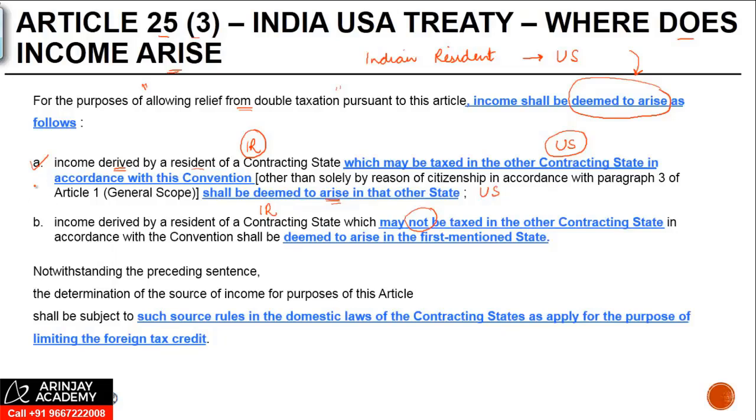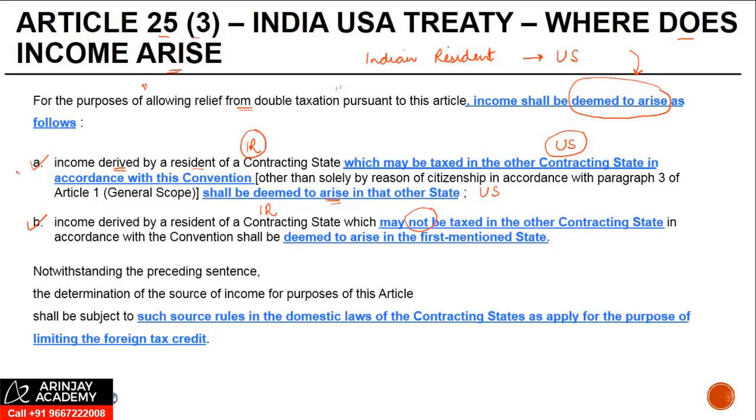So these two provisions are very simple. If an income may be taxed in the US, it shall be deemed to be arising in the US. If it is not taxable in the US as per the treaty provision, it will be deemed to be arising in India. But there are exceptions.